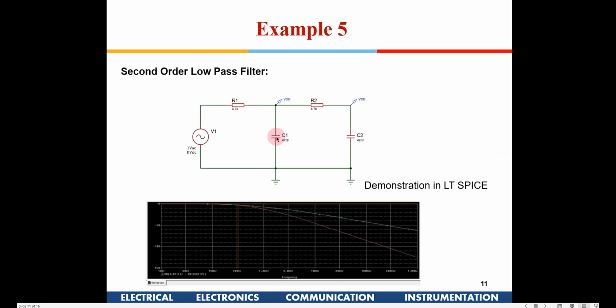Similarly, with a second order filter, when this RC and RC are the same, it will give exactly the same cutoff frequency. The only difference in having a two stage low pass filter, or a second order filter, is that instead of a 20 dB per decade slope, it is going to have a 40 dB per decade slope.